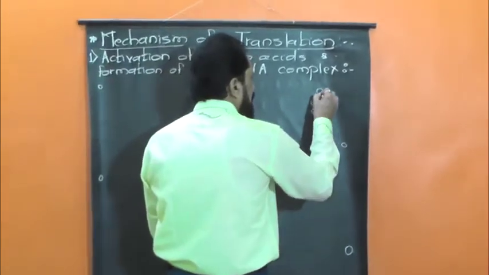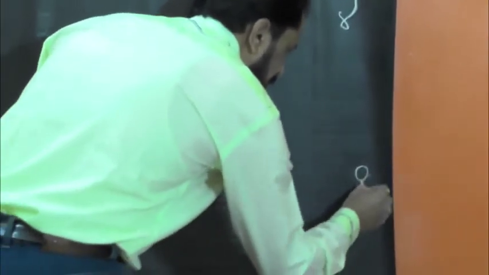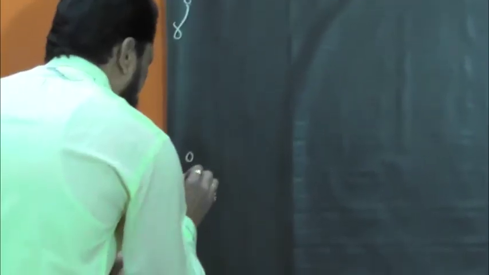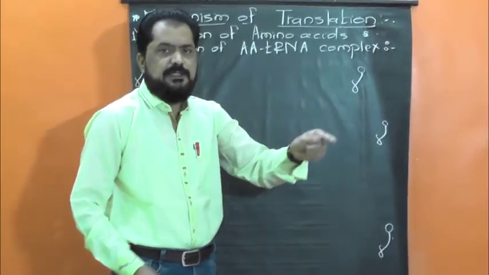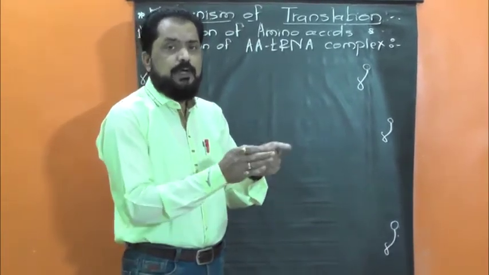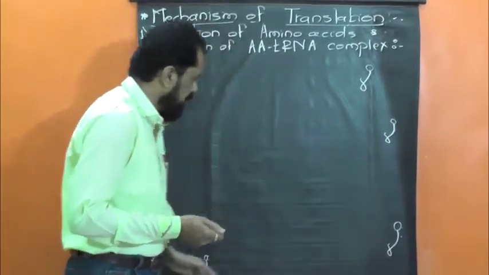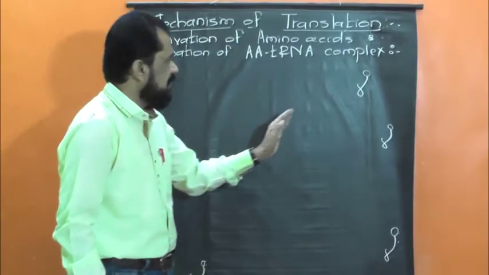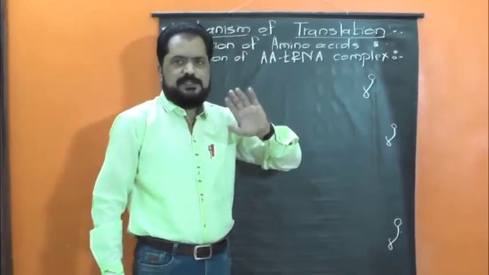Look, these are the tRNA molecules, and each tRNA molecule binds to the specific amino acid with its 3' CCA end to form the aminoacyl tRNA complex. Now all these AA-tRNA complexes are formed.